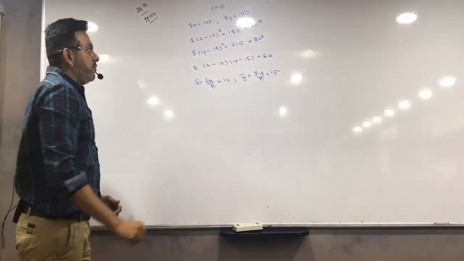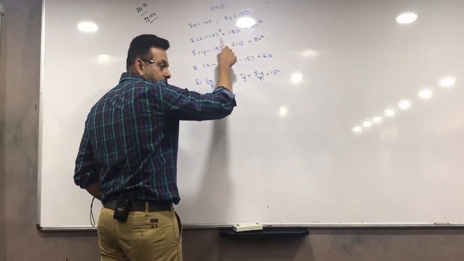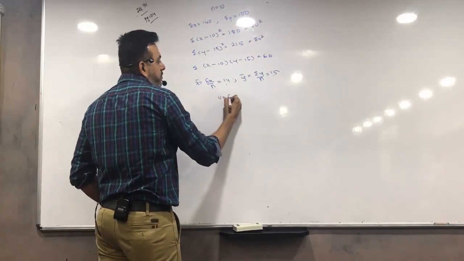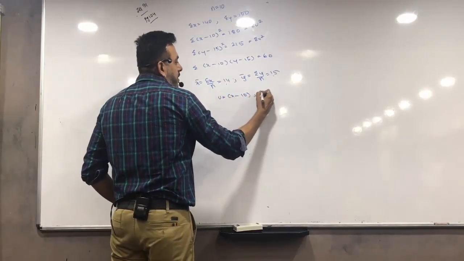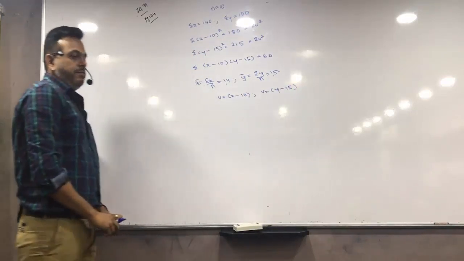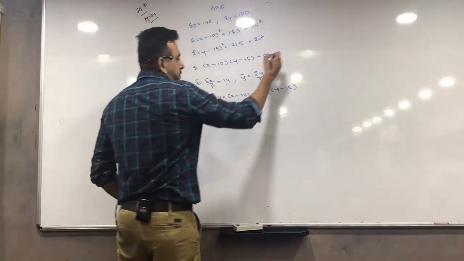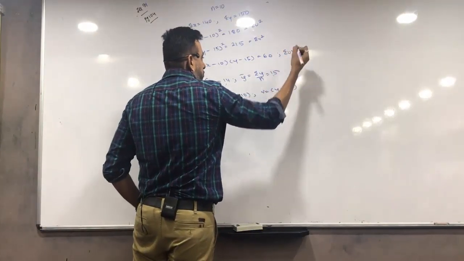Understood this? So we have sigma u square, we have sigma v square. You may write over here, u is equal to x minus 10 and v is equal to y minus 15. Okay? Now, sigma uv is also known.